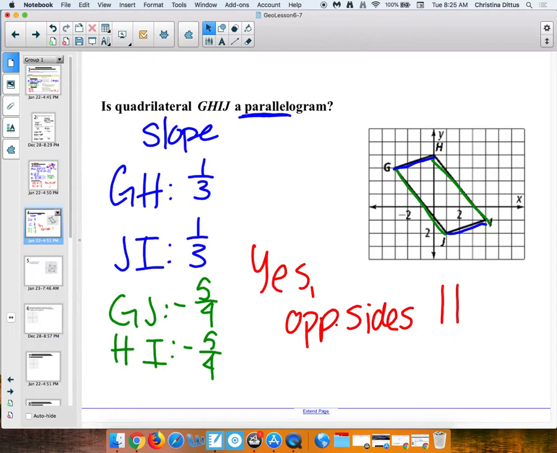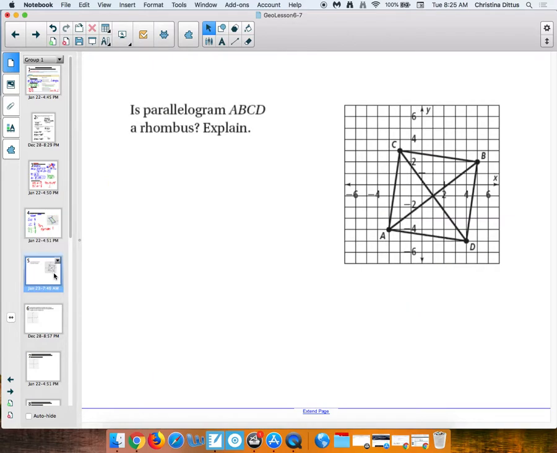Next one. I want to know if it's a rhombus. What do I know about rhombi? All sides are equal, so should I use distance, midpoint, or slope? Distance. So I gotta find the distance of one side. Let's put numbers on these.